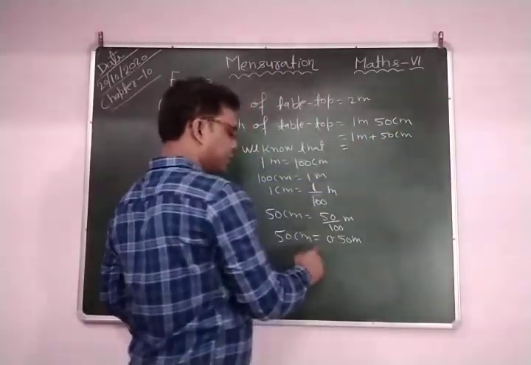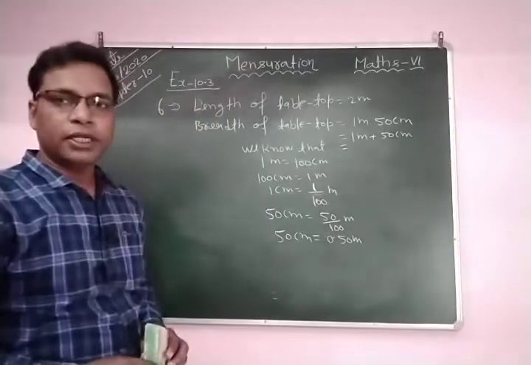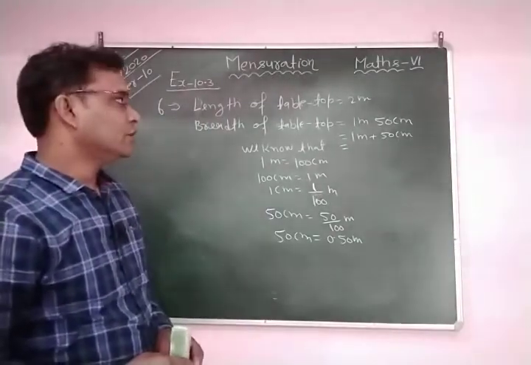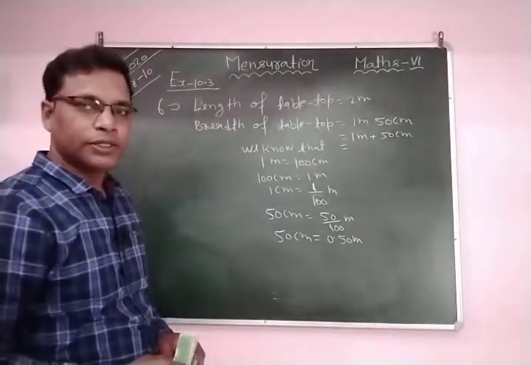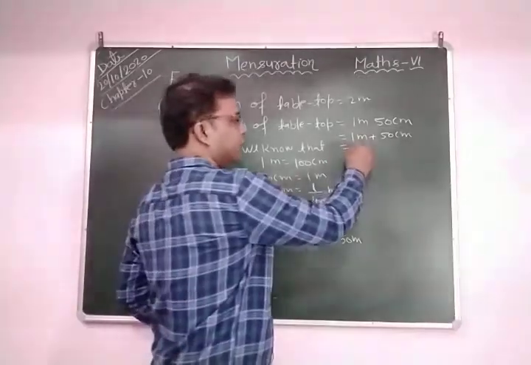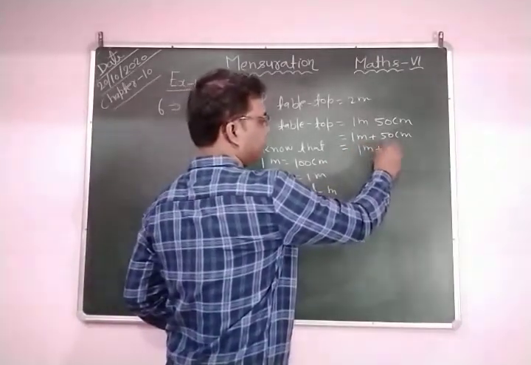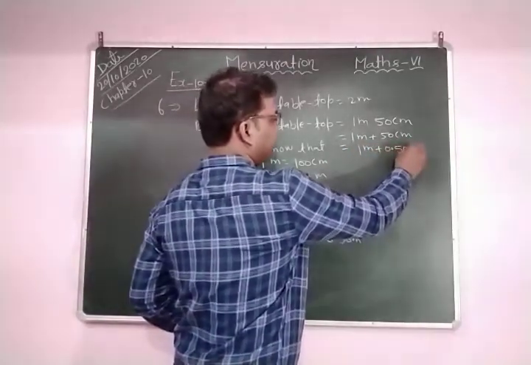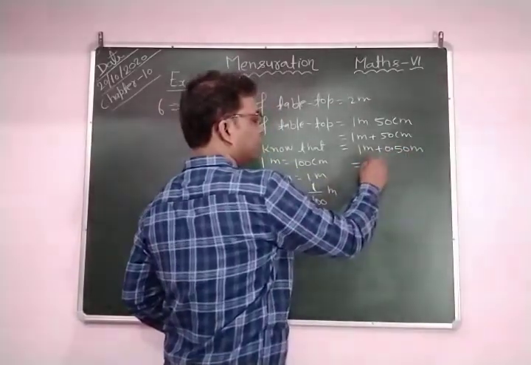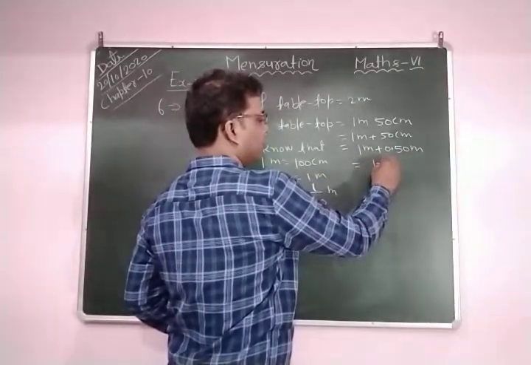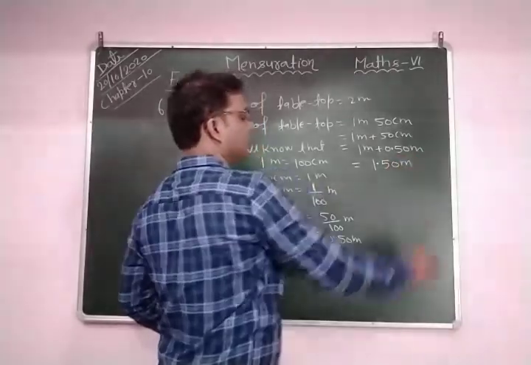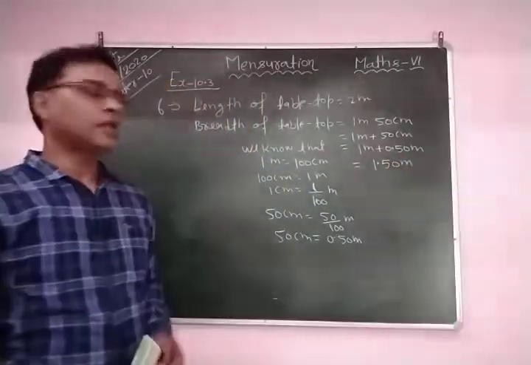Here you can see we convert 50 centimeter into meter, 0.50 meter. So 1 meter plus 0.50 meter. Clear? Now this is equal to 1.50 meter.